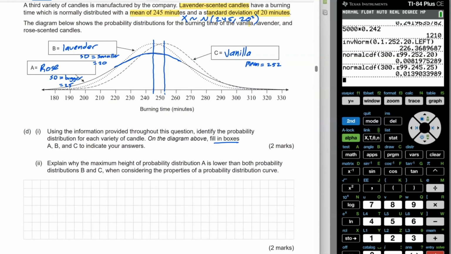Then it's asking us to have a little bit of a think, and it's saying explain why the maximum height of the probability distribution of A is lower. Okay, so why does the rose have a lower maximum height than B and C when considering the properties of the probability distribution curve? Okay, so the key word here is thinking about what that probability distribution curve is and what the properties of the probability distribution curve are.